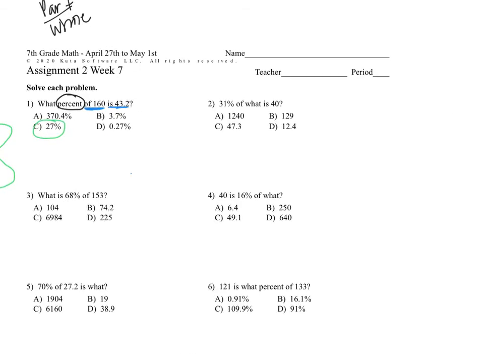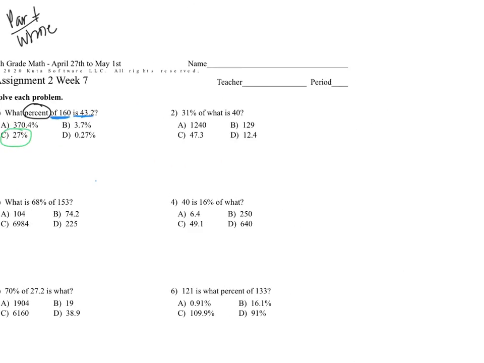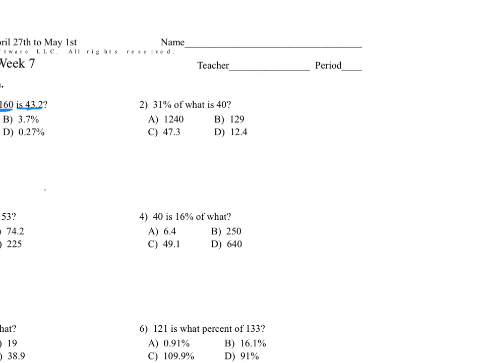Okay, number 2, and some of these are worded a little differently than number 1. So number 2, 31% of what is 40? Okay, so they gave us a percent number. So instead of x over 100, we know what goes over 100. So we can fill in 31 over 100.